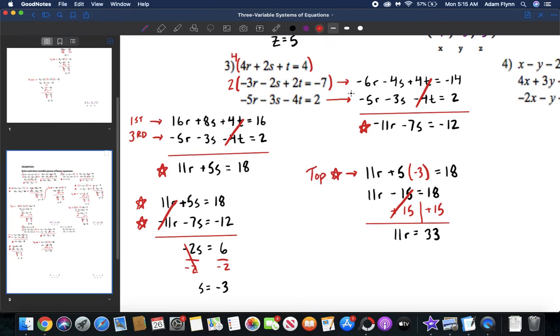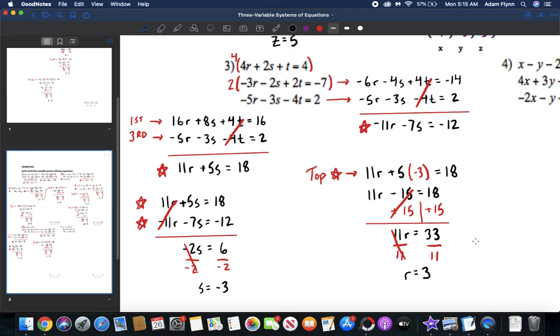I can divide both sides by 11 to isolate my r. 11's cancel on the left, so I am left with r equals 33 divided by 11, which is positive 3.